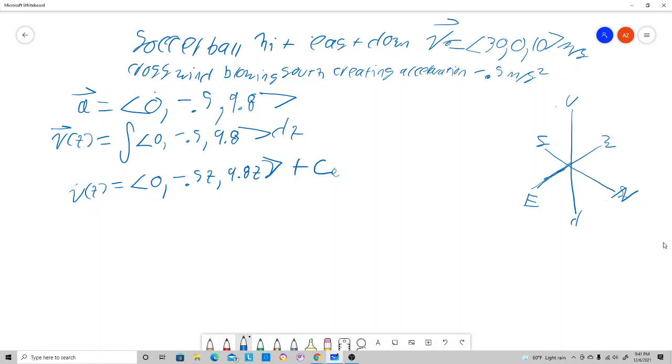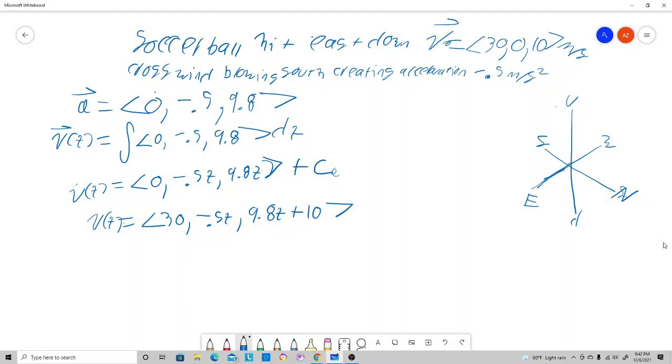So if we combine all of this, the true v equation is going to be 30, -0.5 t plus 0, so we can just get rid of the plus, and then 9.8 t plus 10. And that's our velocity.